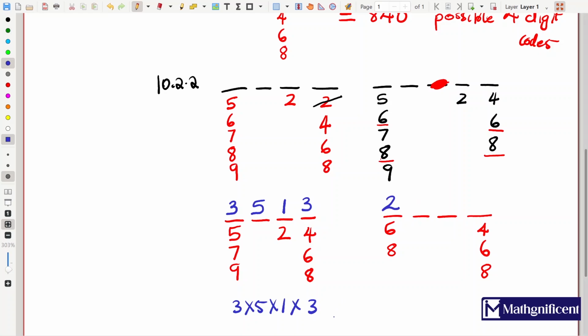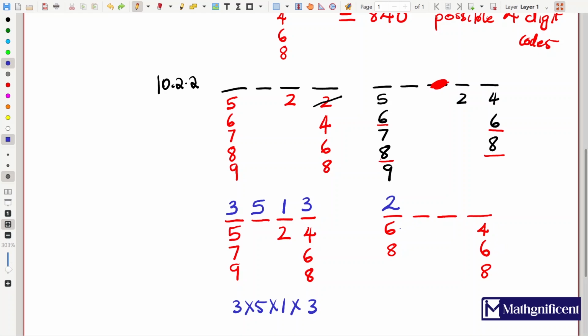But then now, what happens if it starts with 6? It means that we can't have a 6, right? Or what happens now if it starts with 8? It means now we can't have an 8 here. So that always leaves us with how many choices? It always leaves us with two choices, because if we start with an 8, we can only have 4 and 6.